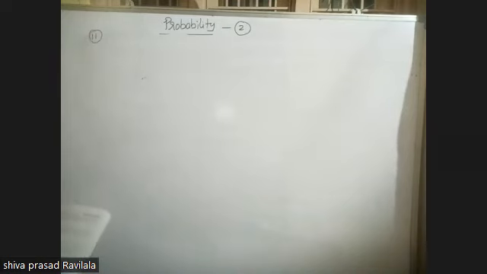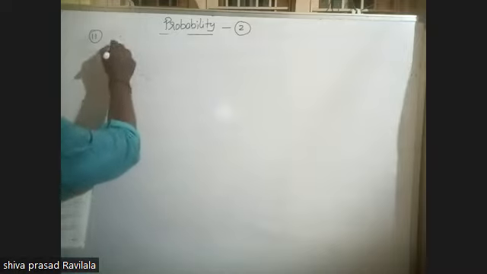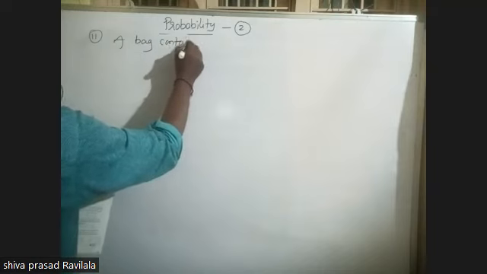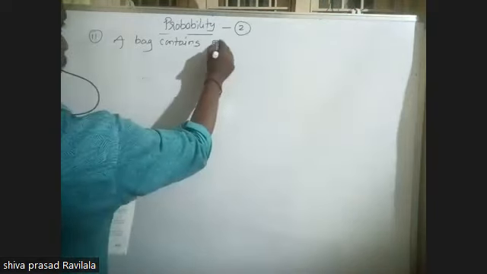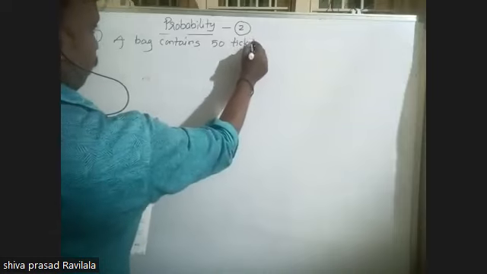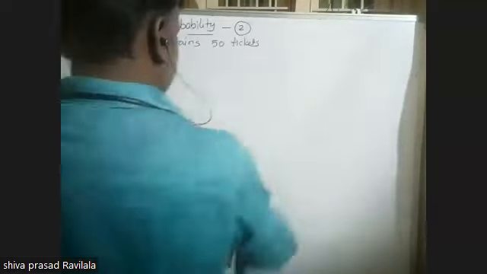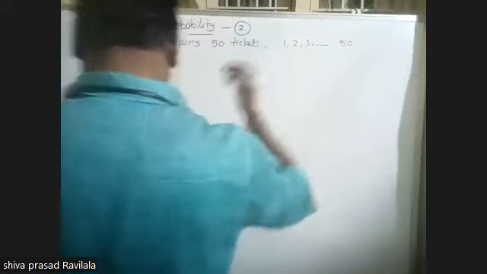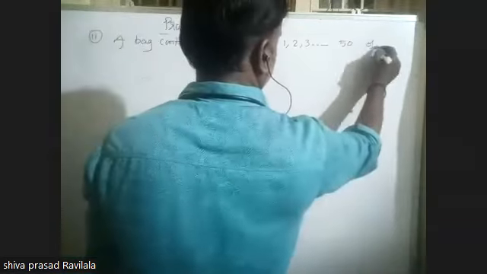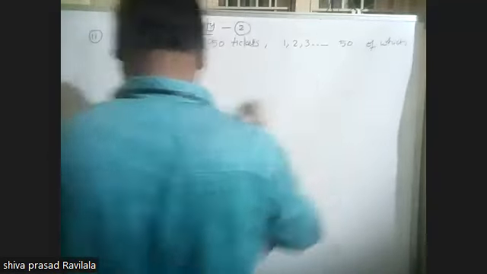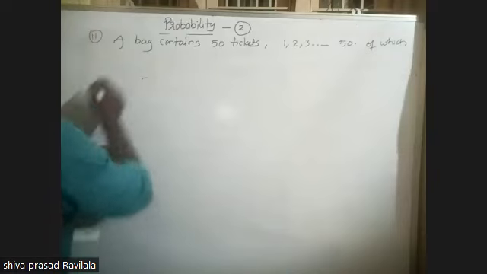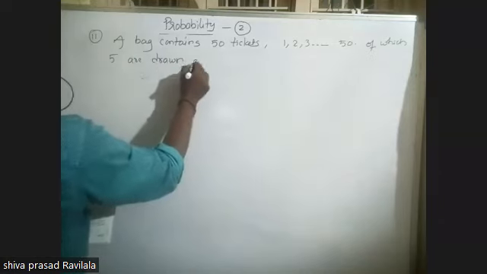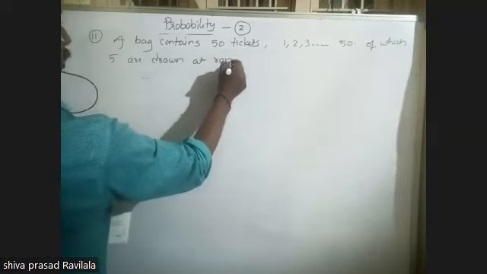Next, one more question. A bag contains 50 tickets, numbered 1, 2, 3, and so on up to 50, of which 5 are drawn at random.